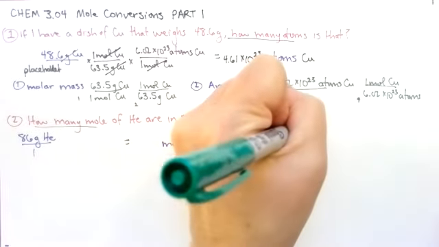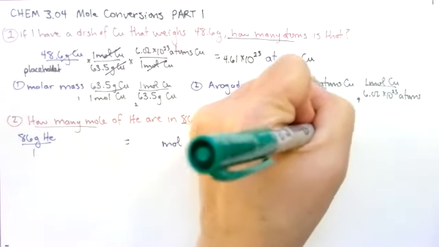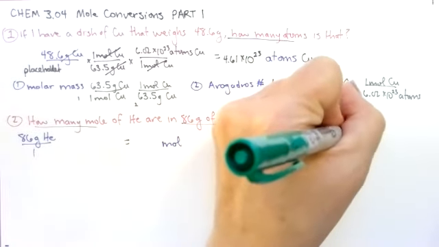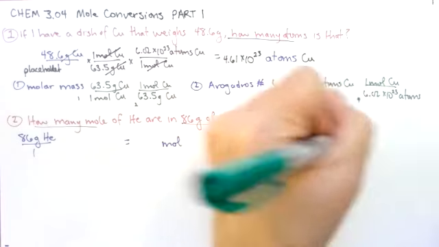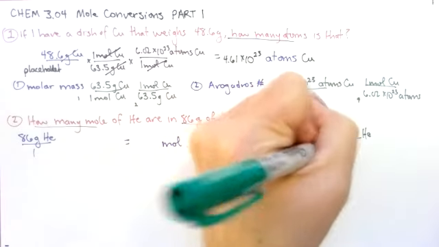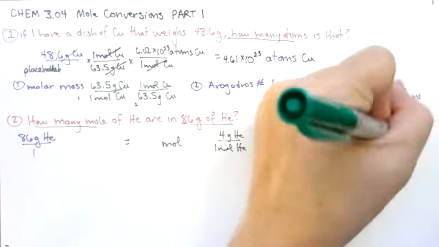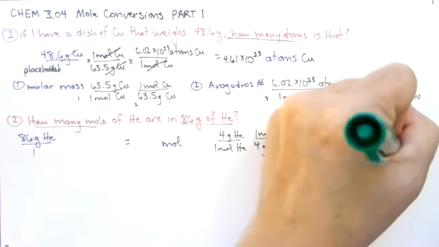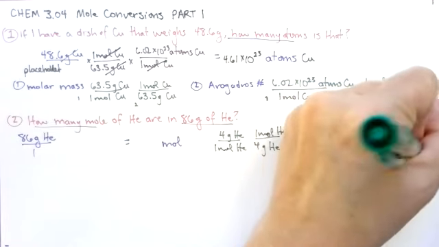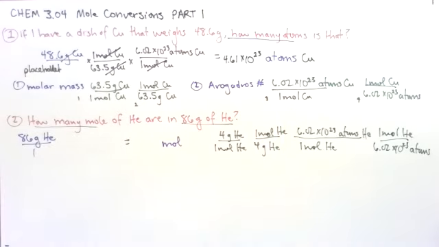I also know that there are 6.02 times 10 to the 23rd atoms of helium in 1 mole of helium, and vice versa. Okay, so I've assembled my conversion factors. Now I want to insert them.